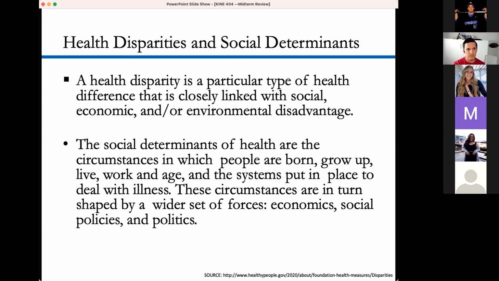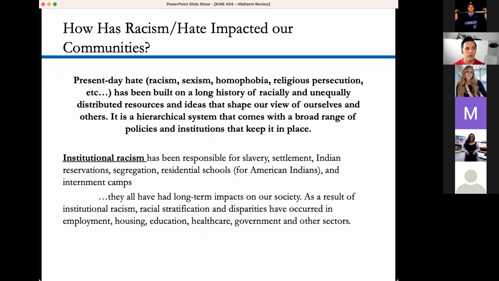So the part from this part of the class, that lecture, we've talked about health disparities and social determinants of health in almost every lecture throughout the class. Just make sure you're understanding how they arise, how racism, hate, discrimination impact these things, so that you can discuss those in your actual 2 to 3 paragraphs, because I believe those are important parts of health disparities and framing of how they arise.